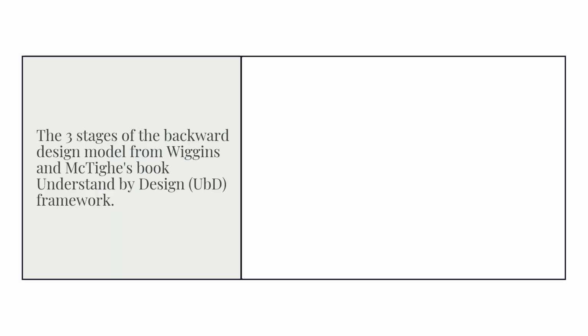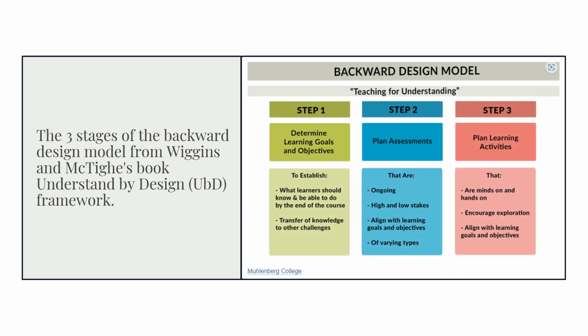What are the three stages of the backward design model? Step 1, we have to define learning outcomes. Backward design starts by identifying the desired learning outcome or goals that the learners should achieve by the end of the lesson or course. Step 2, designing instruction.